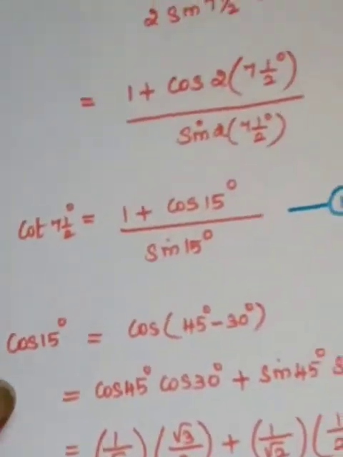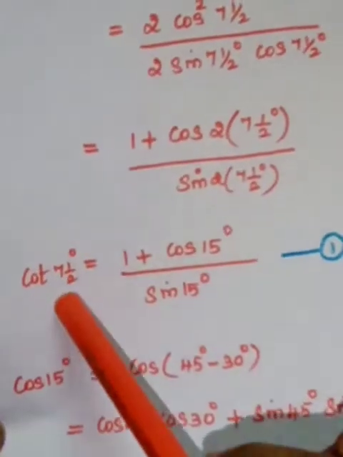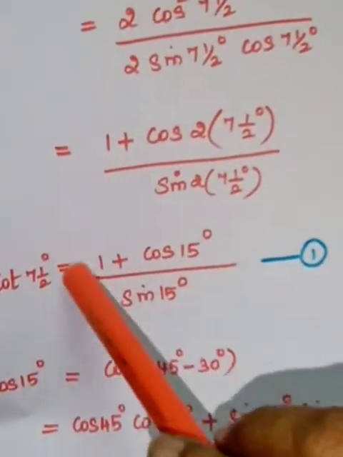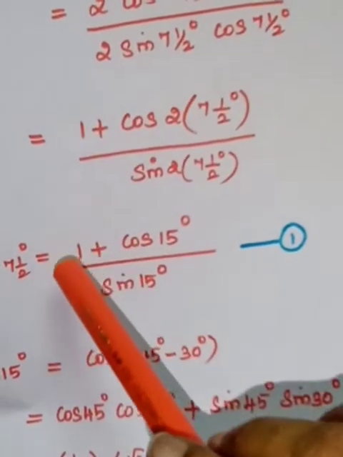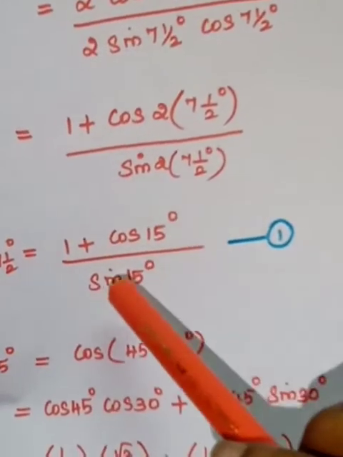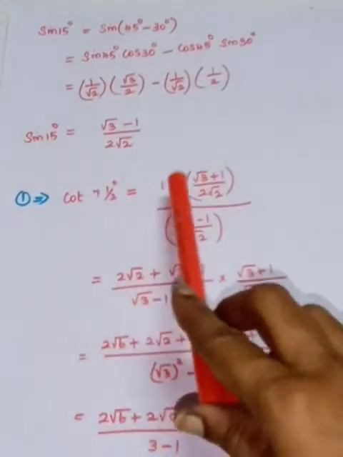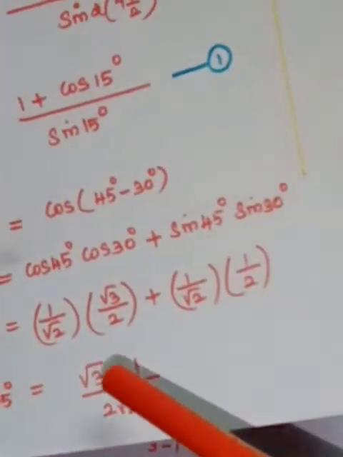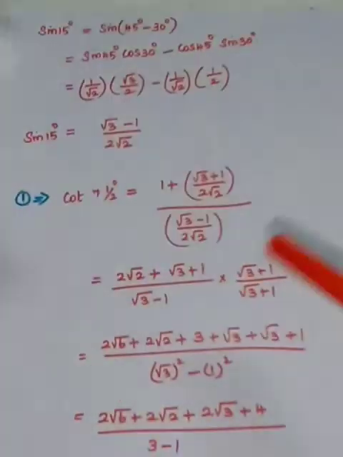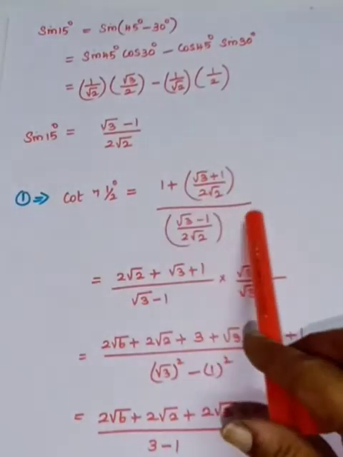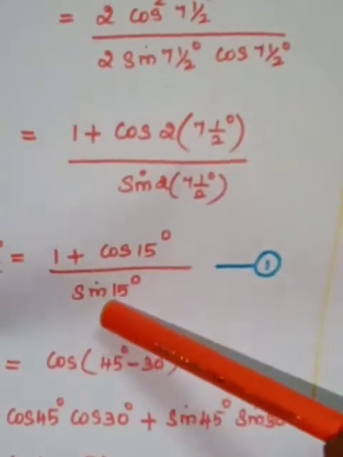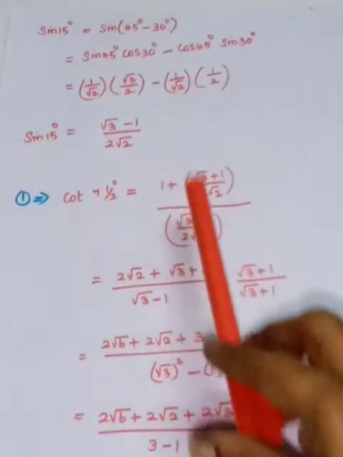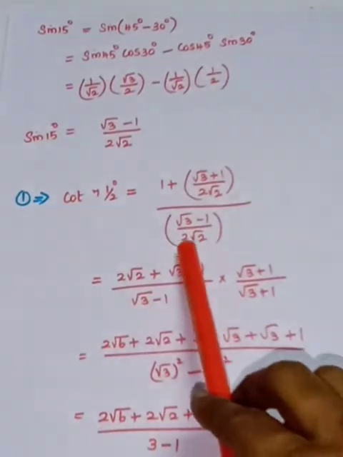So we have to find cot 7.5 degree. What is the result you are having here? 1 plus cos 15 degree divided by sin 15 degree. Substituting, cos 15 degree is root 3 plus 1 by 2 root 2, divided by sin 15 degree, which is root 3 minus 1 by 2 root 2.